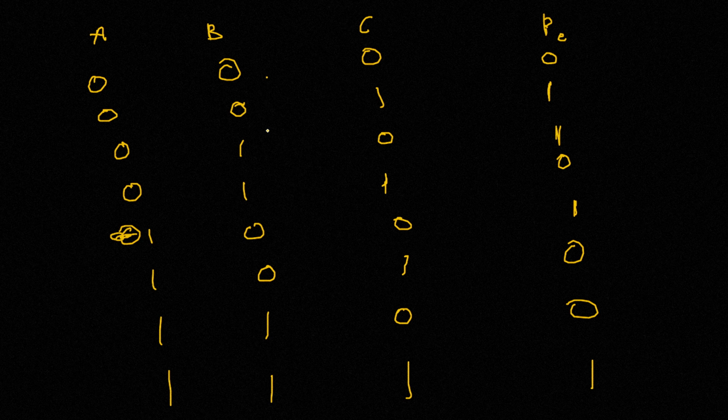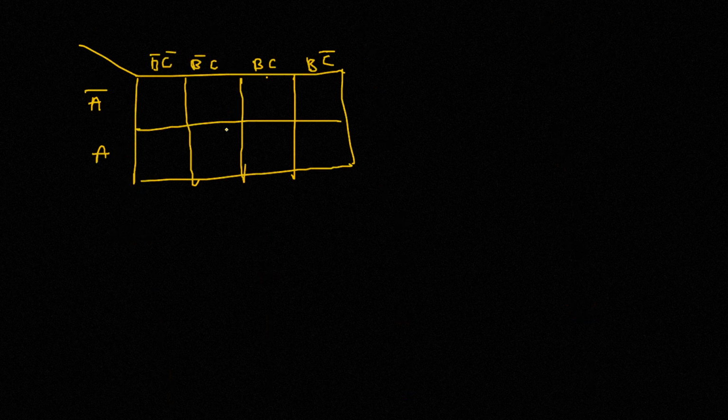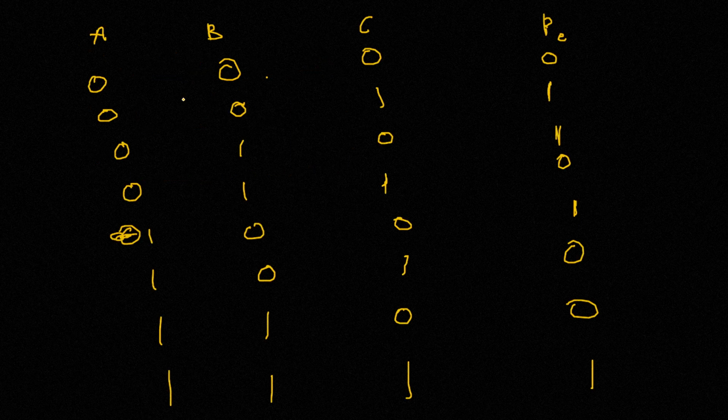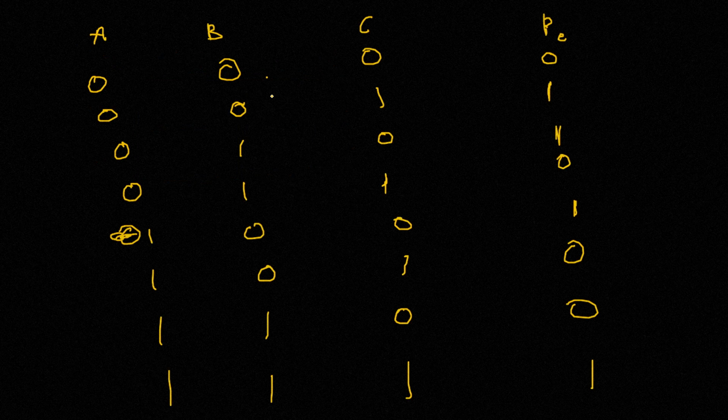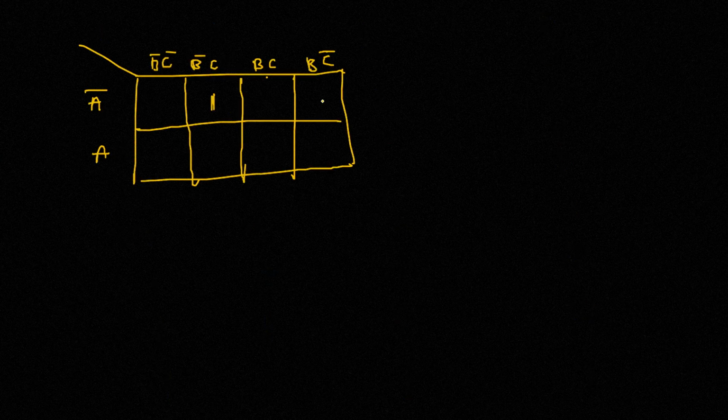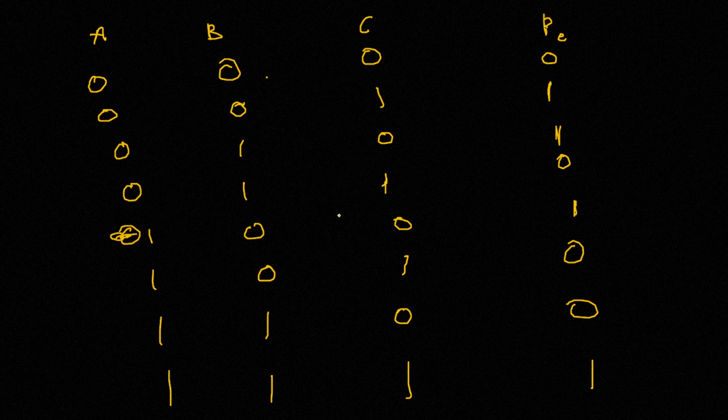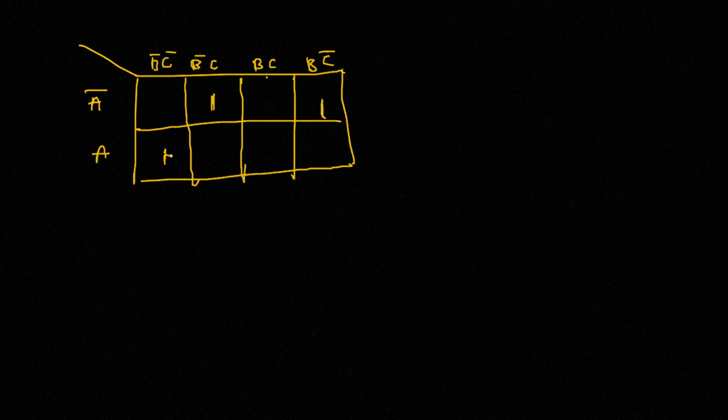For A complement, B complement, C, this is 1. Then we have 1 for A complement, B, C complement. Okay, so this is 1. Then we have 1 for A, B complement, C complement, and then 1 for A, B, C. Right.